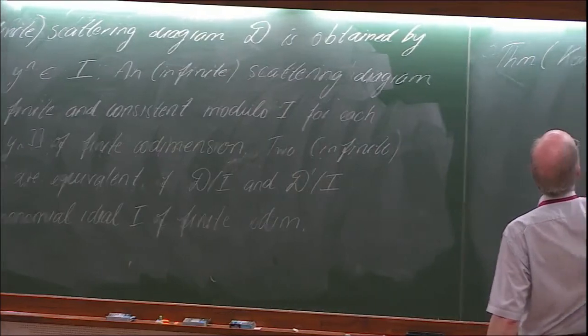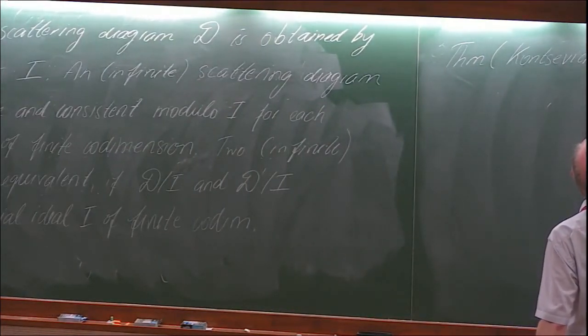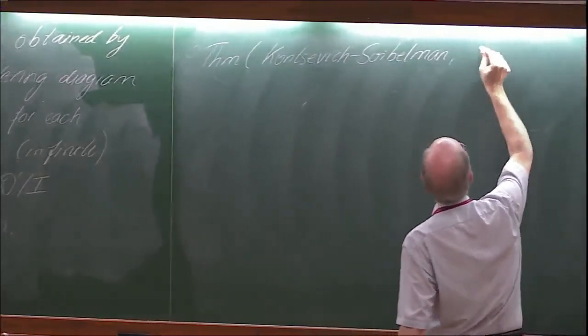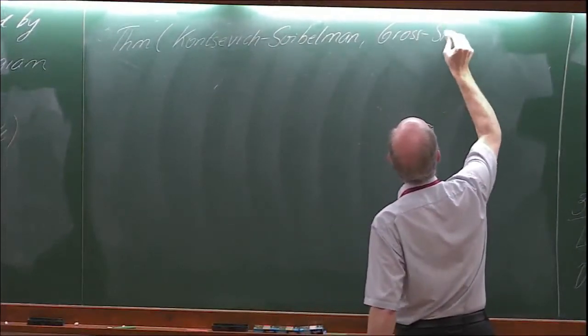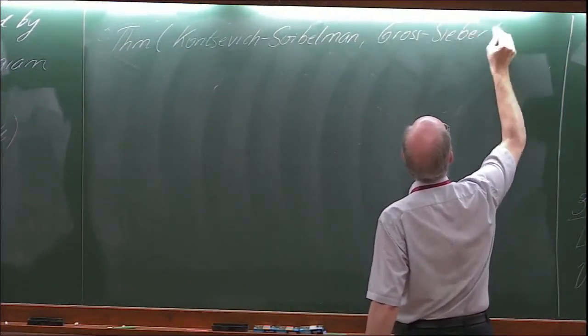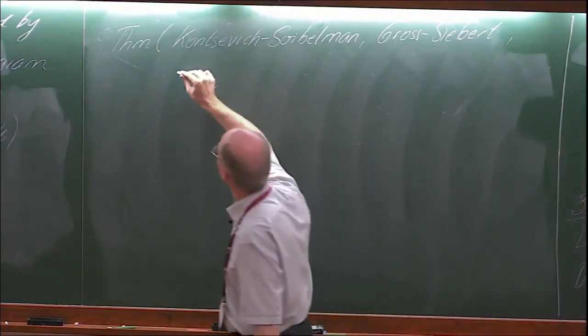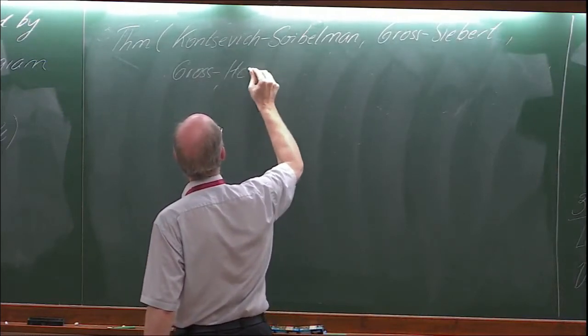It comes, of course, from mirror symmetry. It was proved by Kontsevich-Soibelman in the rank 2 case, then by Gross and Siebert in the finite rank case, and then adapted to the quiver setting by Gross-Hacking-Keel-Kontsevich.